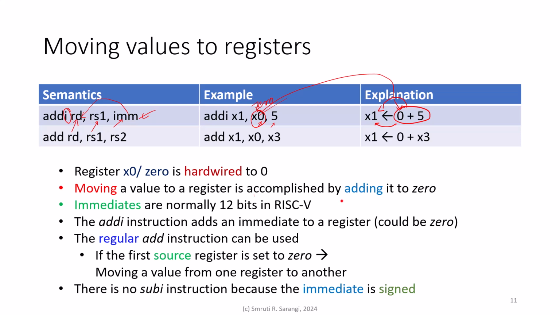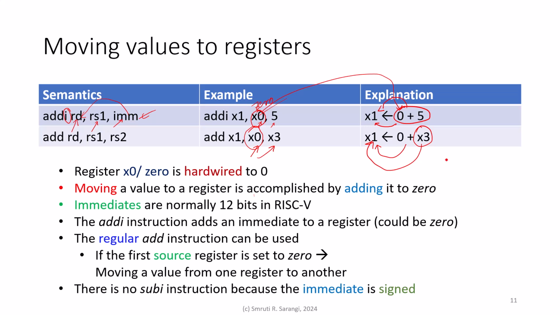Then there is a generic form of this, which is ADD. Then you can specify two source registers. The contents of the two source registers will be added, and that will be transferred to x1. Here again, a register move can be accomplished if this is the 0 register. Then essentially we are moving the contents of this to this.